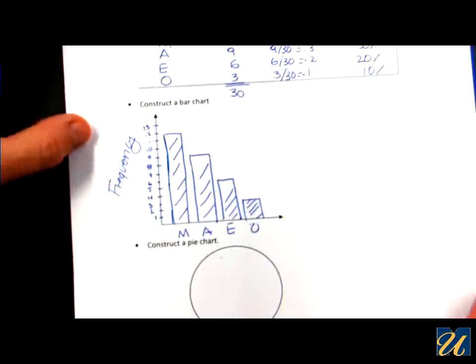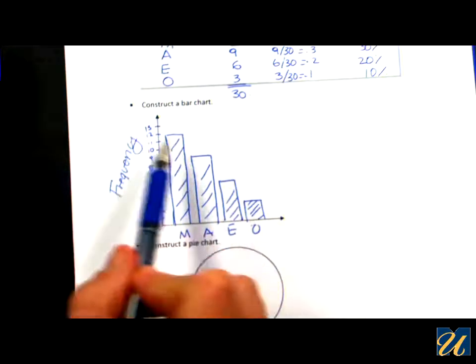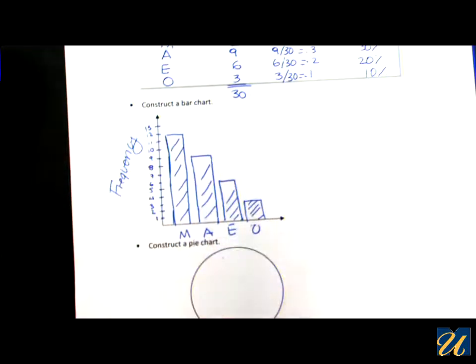So this would be how your bar chart should look if you use the same order. It could also be considered a Pareto chart, because it goes from highest to lowest.